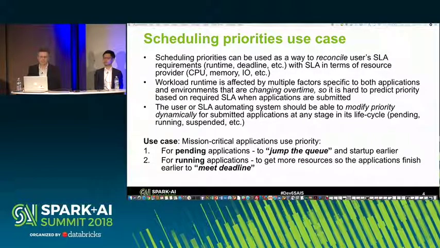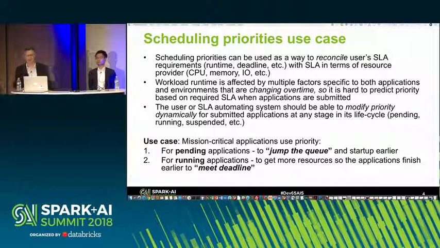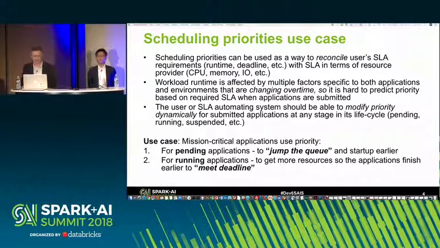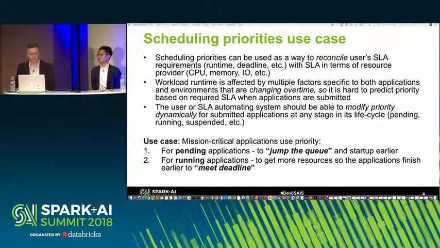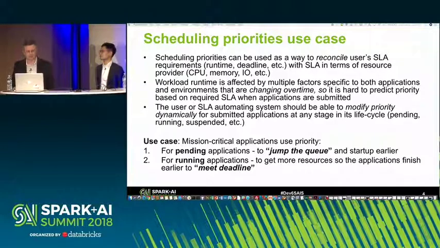But because multiple factors affect the runtime and environment, and it's also changing over time, it's pretty hard to predict which priority would need to be set when you start your application. That brings us to having the ability to modify priority dynamically at any stage of the running application, even when it's pending.